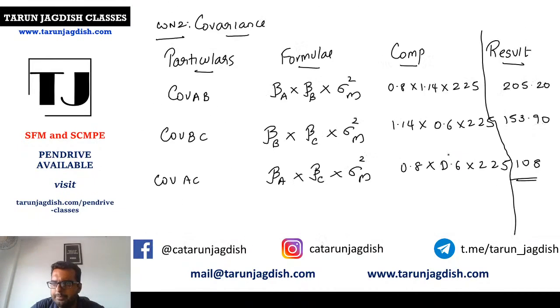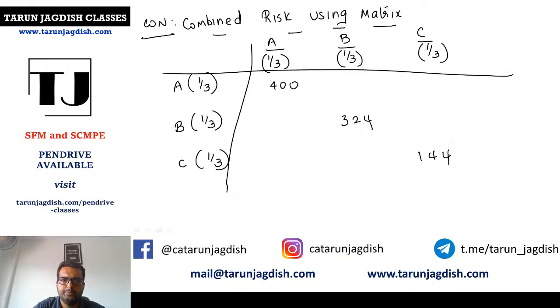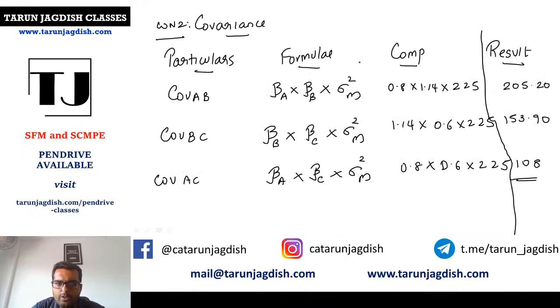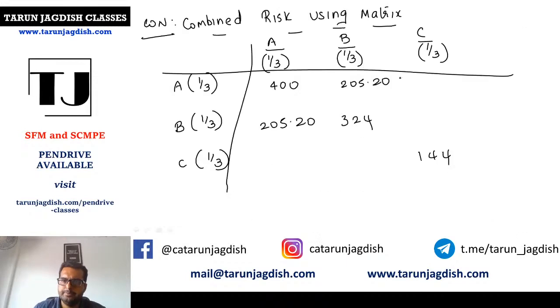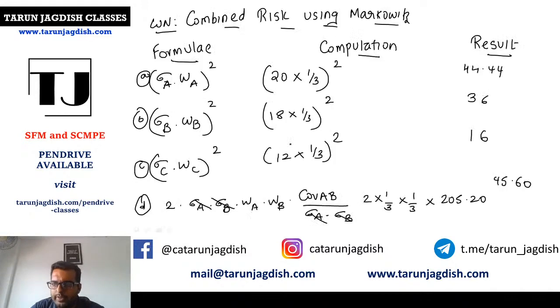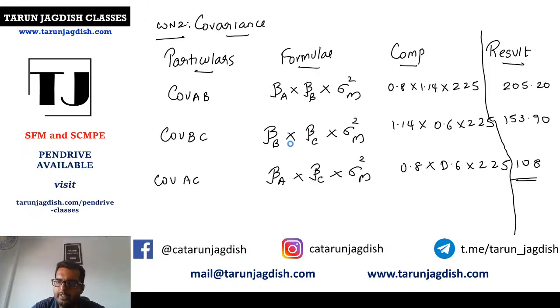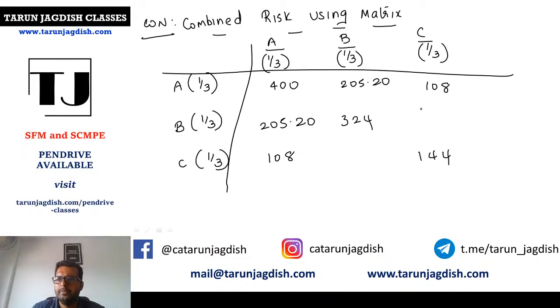Covariance AB will be 205.2. Covariance AC will be 108. And covariance of BC will be 153.9.